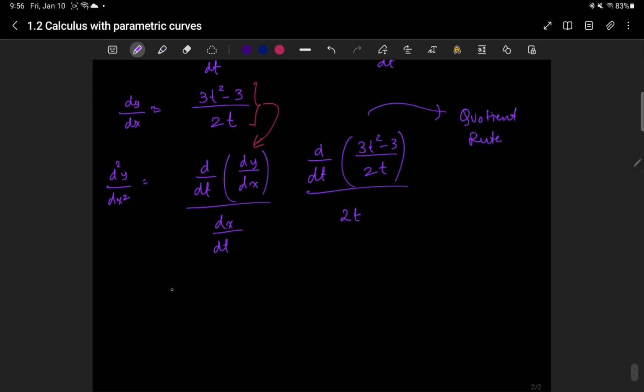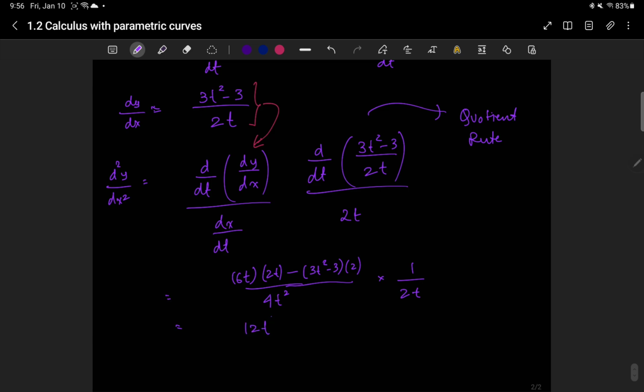Okay, so as per the quotient rule, I will have a 4t squared in the denominator, and then f prime times the denominator minus f times the denominator prime. And all of this is divided by 2t, which is times 1 over 2t.